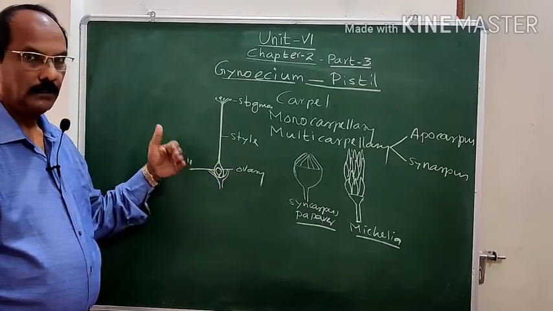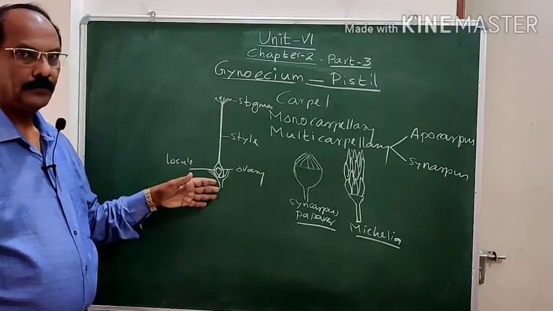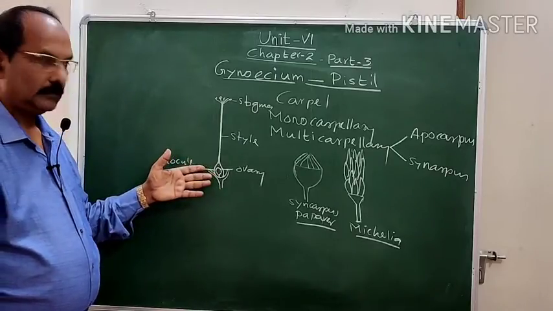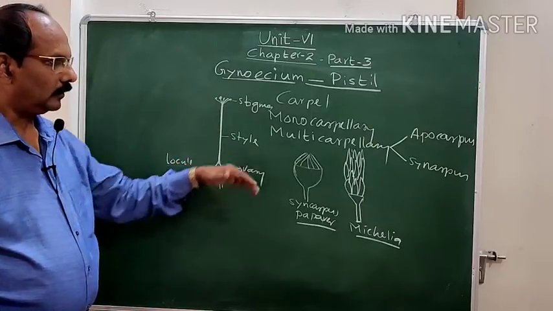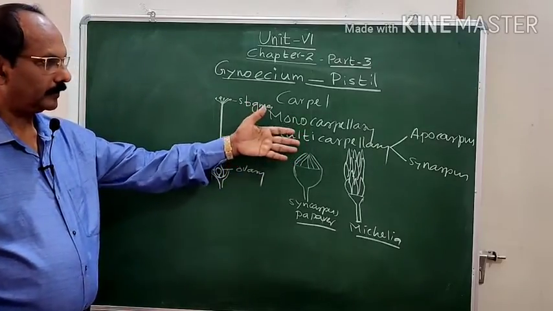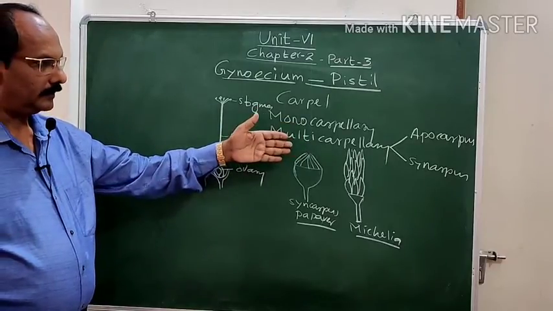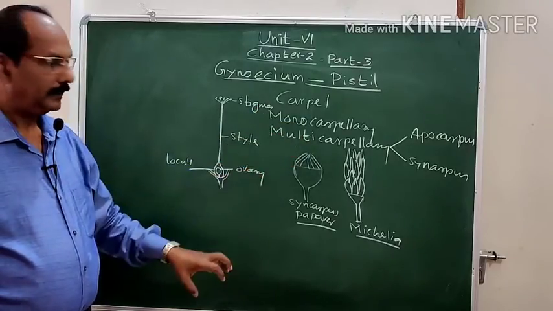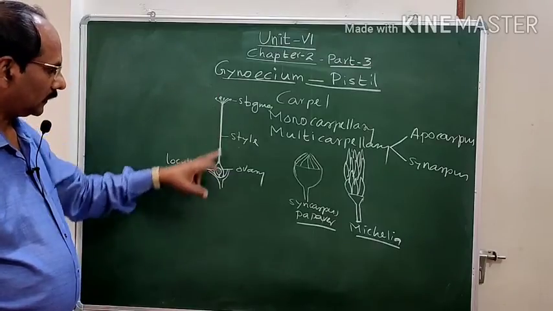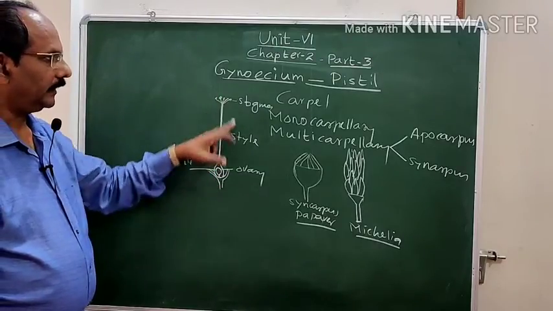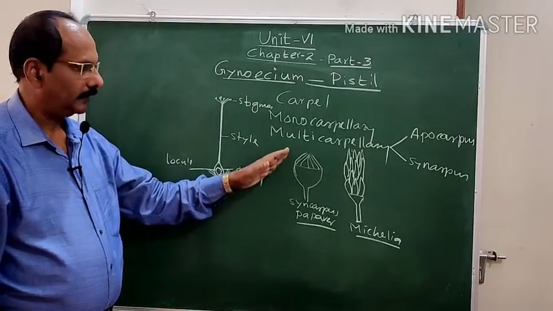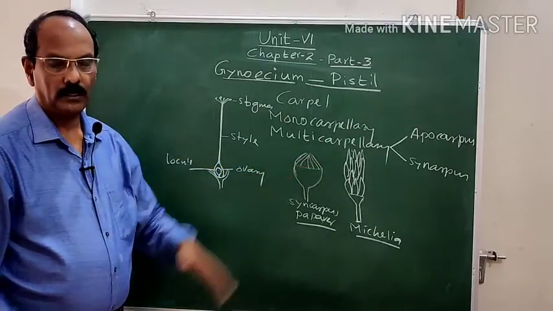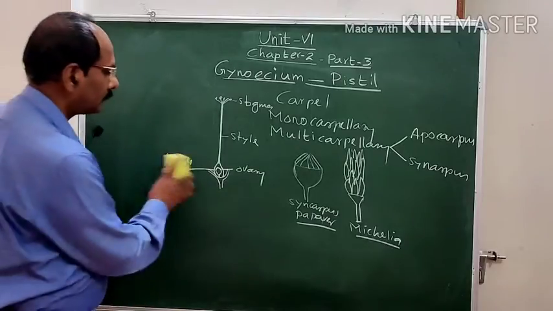So both conditions are available, and carpels may be united or free. Free is known as apocarpous, and united is known as syncarpous. So this is the structure of the different parts of a typical carpel, and this is how carpels may be present, in the syncarpous or the apocarpous condition.